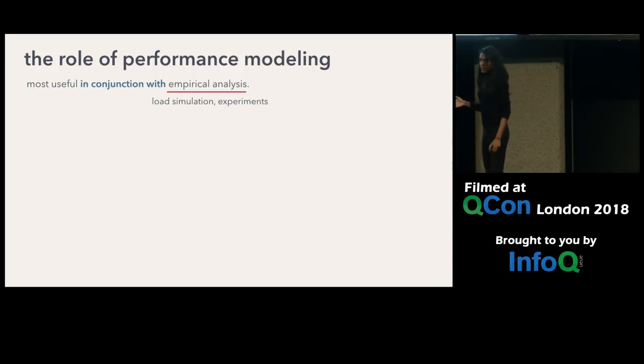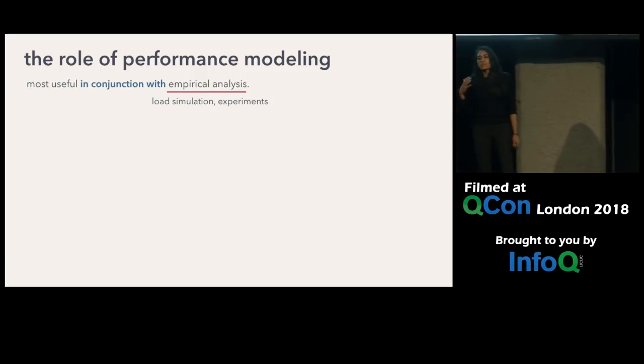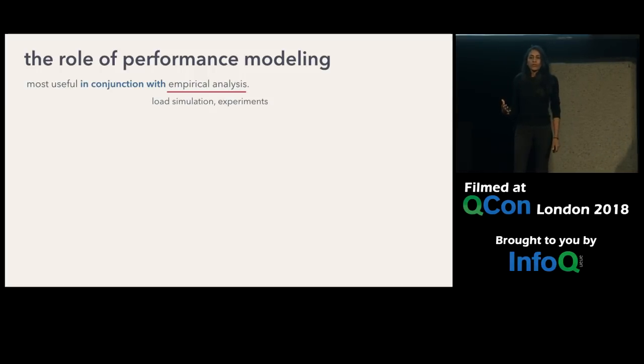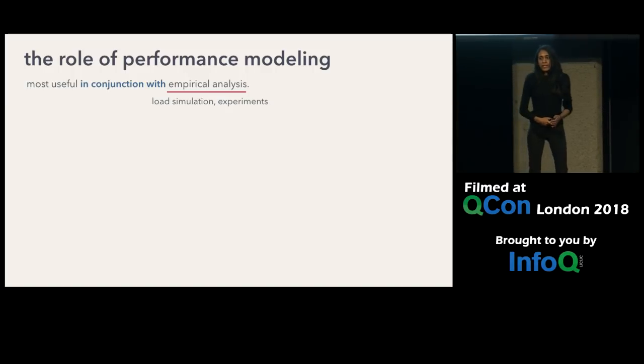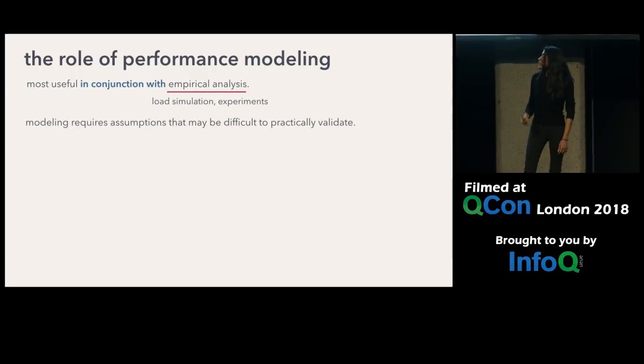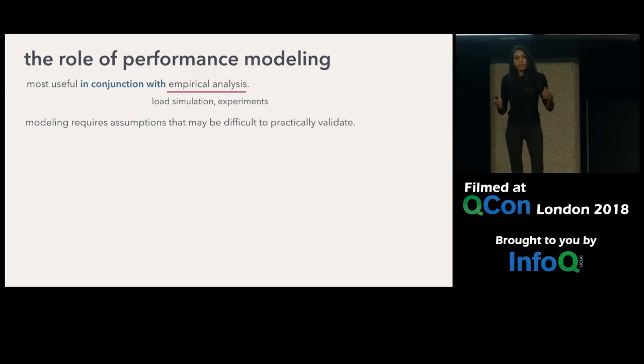In my opinion, performance modeling is the most useful and the most powerful when used in conjunction with more empirical methods of performance analysis like load simulation and performance experiments, right? Because performance modeling makes assumptions that might be difficult to validate in practice.